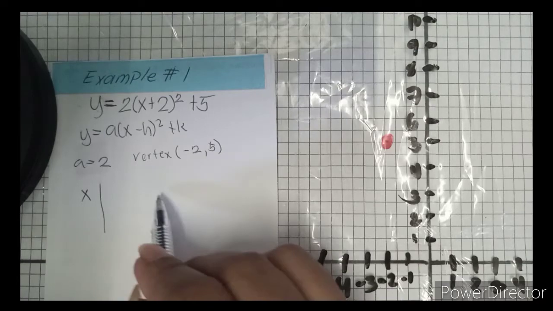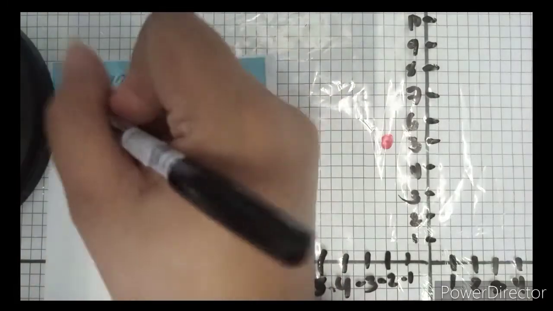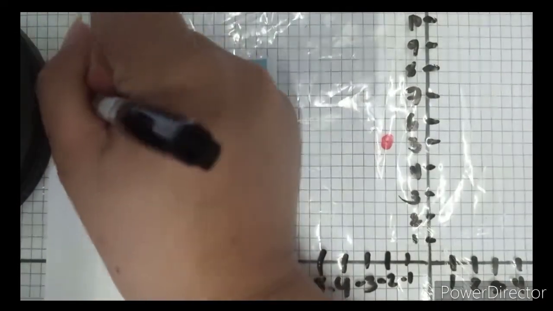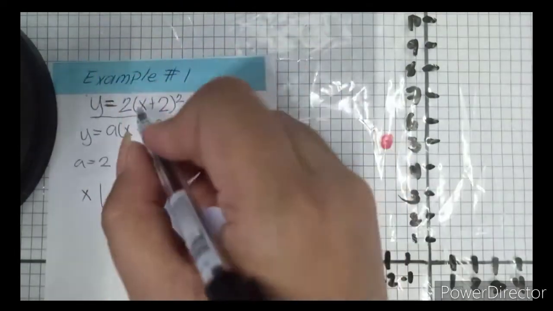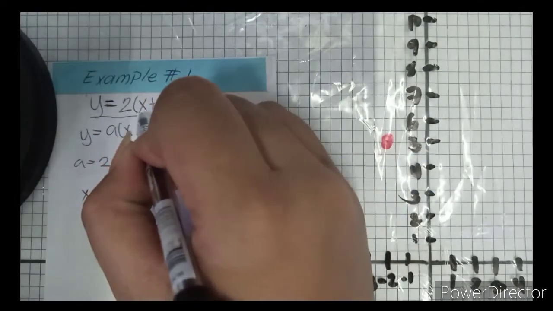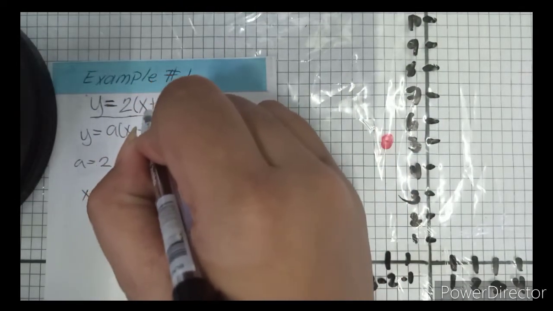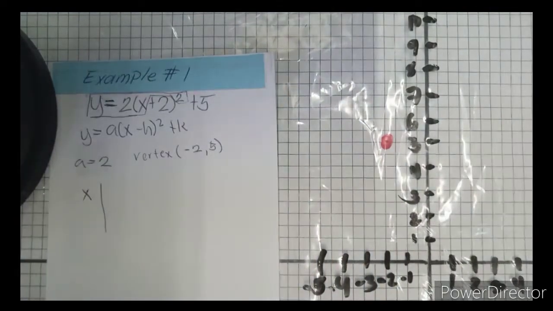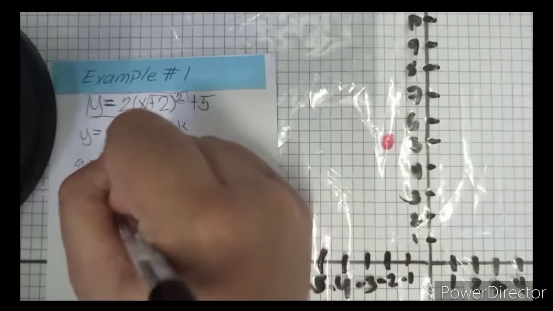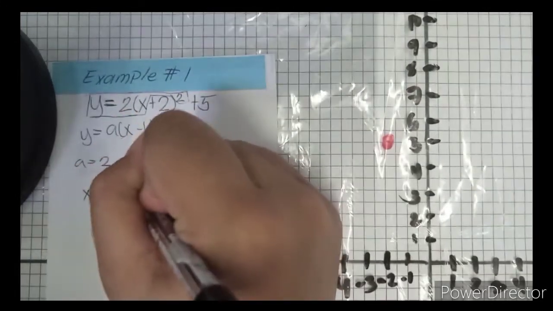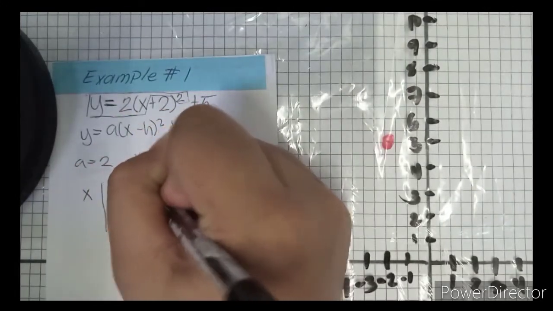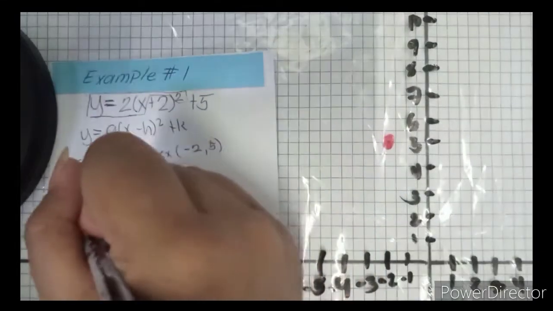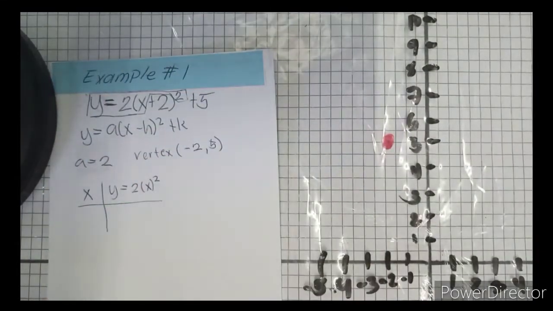So, ang gagamitin nating formula dito ay y is equal to 2 times x squared. Yan po yung gagamitin natin. Okay, so y is equal to 2x squared.